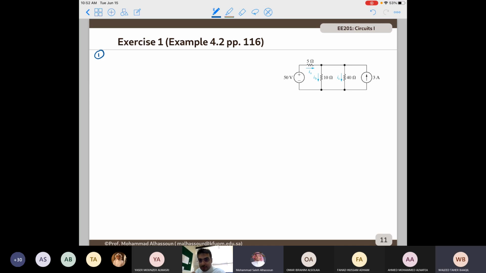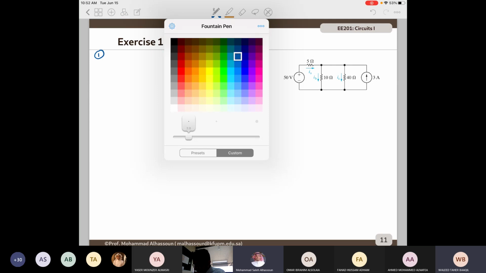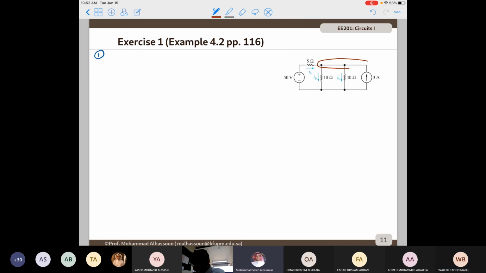Yes, this circuit has two essential nodes. Which one? The one in the upper left. Okay, this one. Yes, this is one. And the lower one. Okay, great.